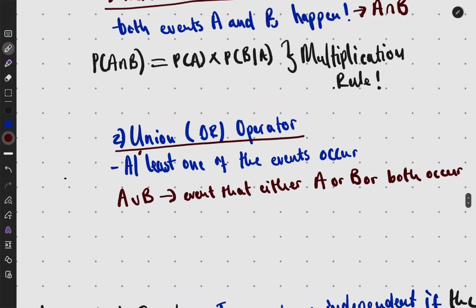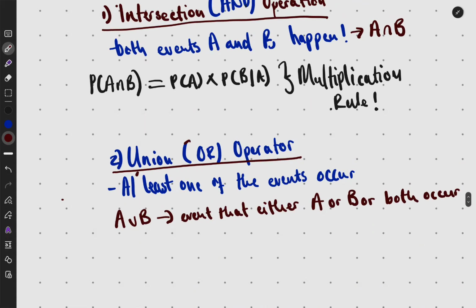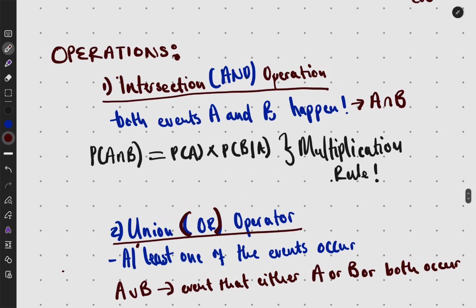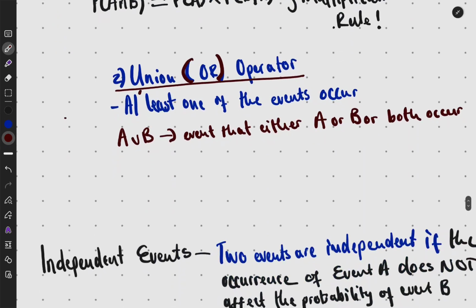Now let's see the other one, the union or the OR operator. The keyword now will be OR. Here the keyword was AND, and that gave us the intersection or the AND operator, when we have both events A and B happening. Now, what about the union operator? The union operator is A union B. We'll be saying at least one of the events happens.